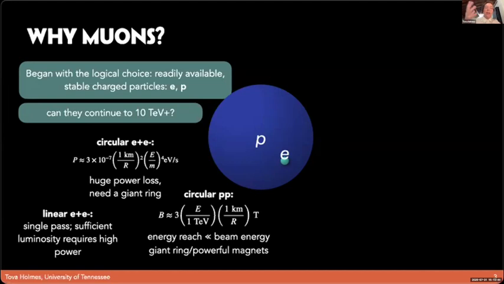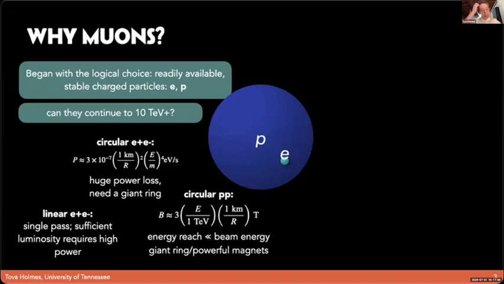You could then instead get rid of your synchrotron radiation by going to a linear e+ e- collider, but then you have something like a single pass, which means that sufficient luminosity requires very high power, and in order to get to high energies, you need really high acceleration gradients. So instead of using electrons, you could go to proton colliders, as we've done with the LHC.